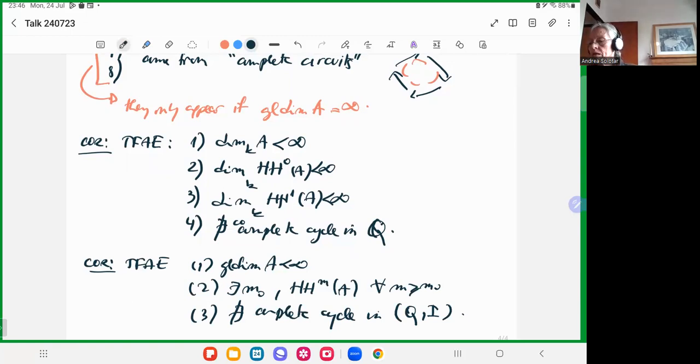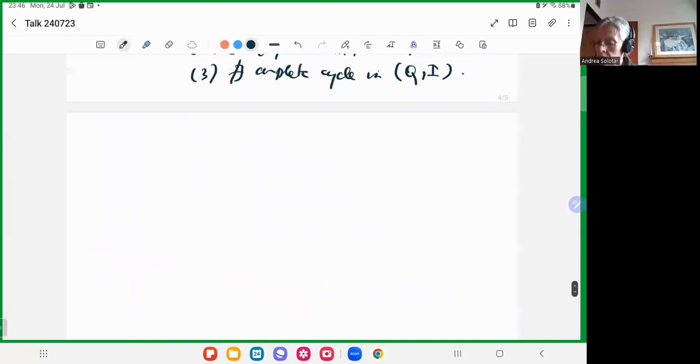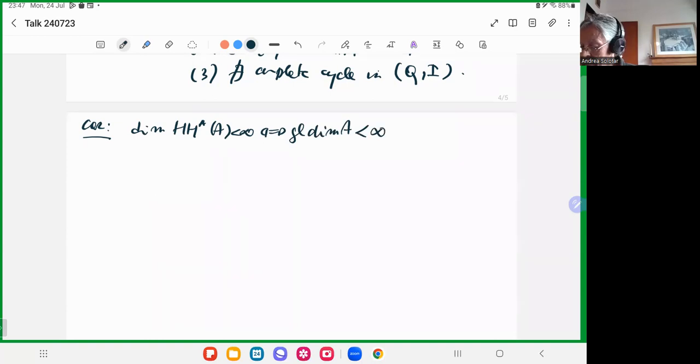So when we saw this, it was interesting because already looking at the cohomology, we were able to say that the dimension of the cohomology was finite if and only if the global dimension of the algebra was finite, and moreover, the dimension of the algebra as a vector space was finite, okay? So Hochschild cohomology gives me information about this thing.